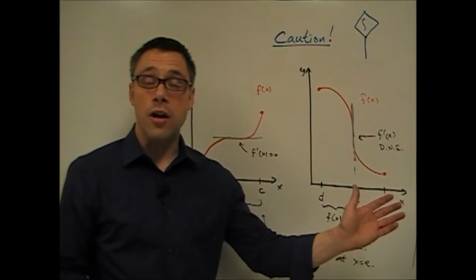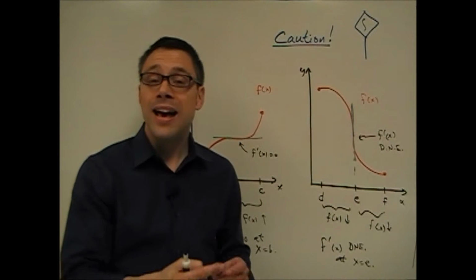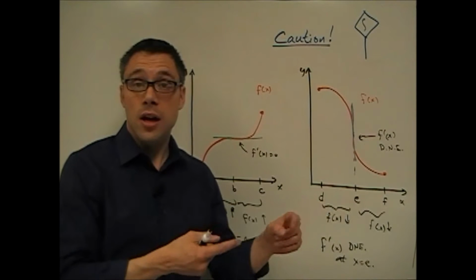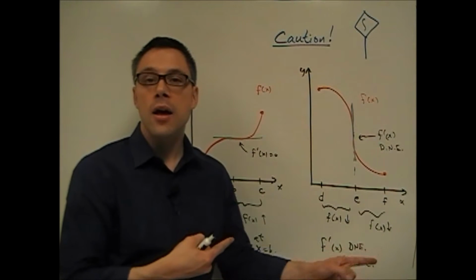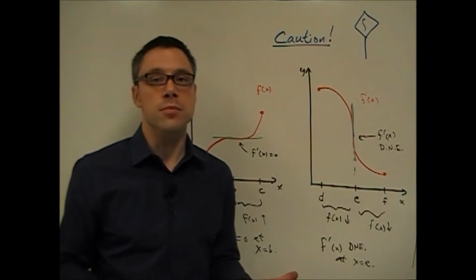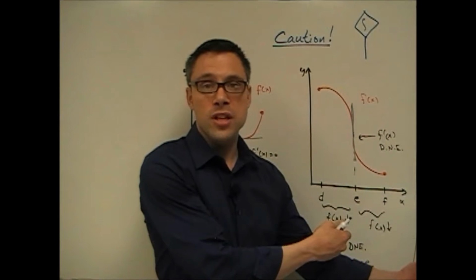Both of these functions are continuous functions and defined everywhere on their domain. However, even though something critical happens at certain values of the domain, they have no transition points, right? This function's always increasing, and this function's always decreasing.